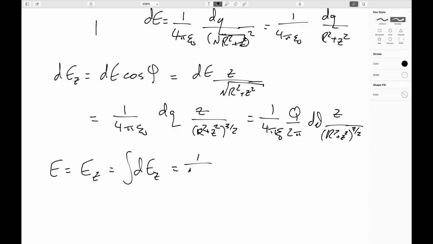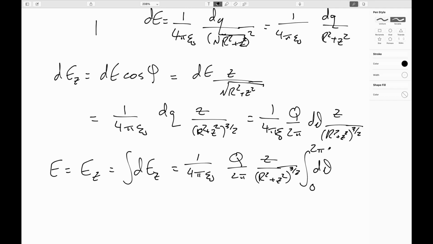So that'll be 1 over 4 pi epsilon naught, q over 2 pi, z over (r squared plus z squared) to the 3/2 power, integrating d theta. That's the only thing we're integrating over. And since we're integrating over the whole circle, we integrate from 0 to 2 pi.